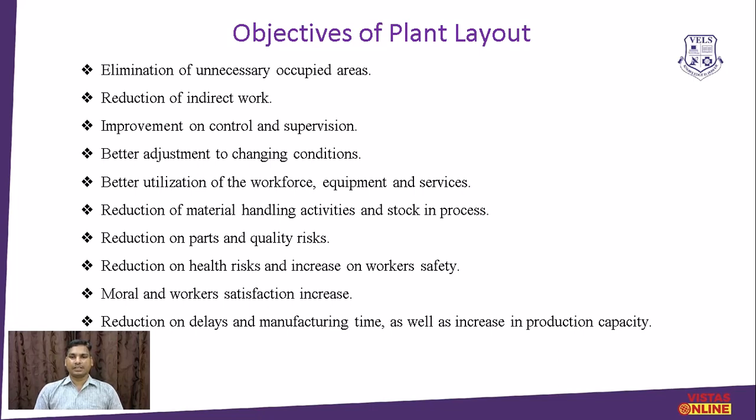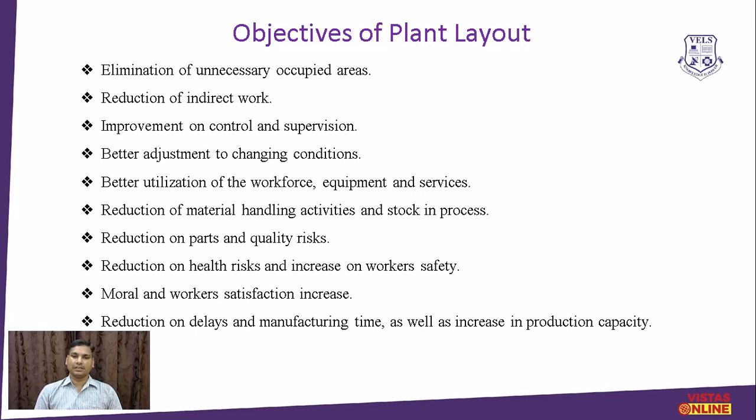Here we are going to see certain objectives of plant layout. Each and every business's success depends on how effectively you are running your plant. The important thing is, first we need to eliminate unnecessary space occupied at the business location as well as the plant location. If you have 100 acres of land, you are actually doing business on 10 acres only, the rest of 90 acres is idle.